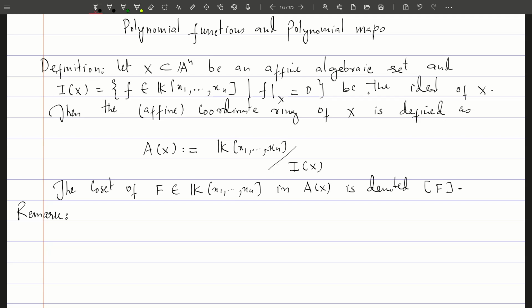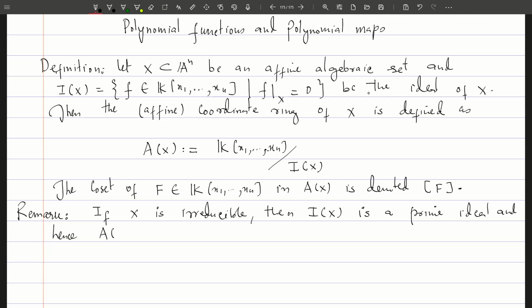If X is irreducible, then we know that the ideal of X is a prime ideal, and hence the coordinate ring A(X) is an integral domain.